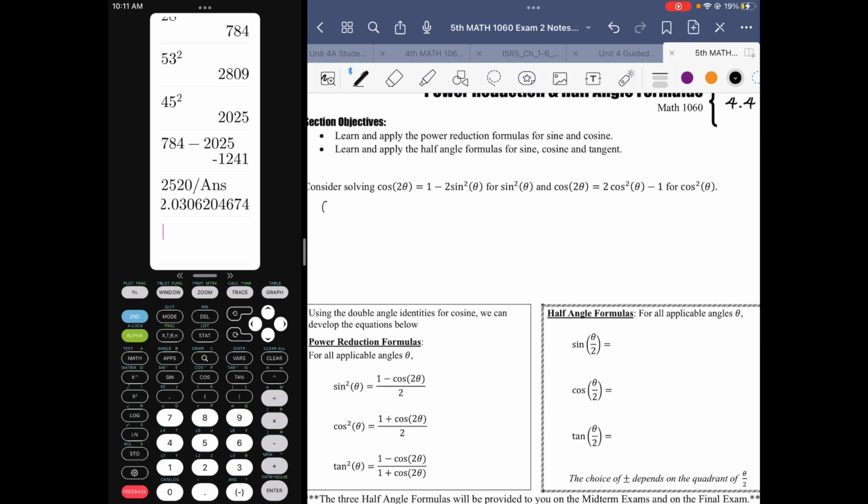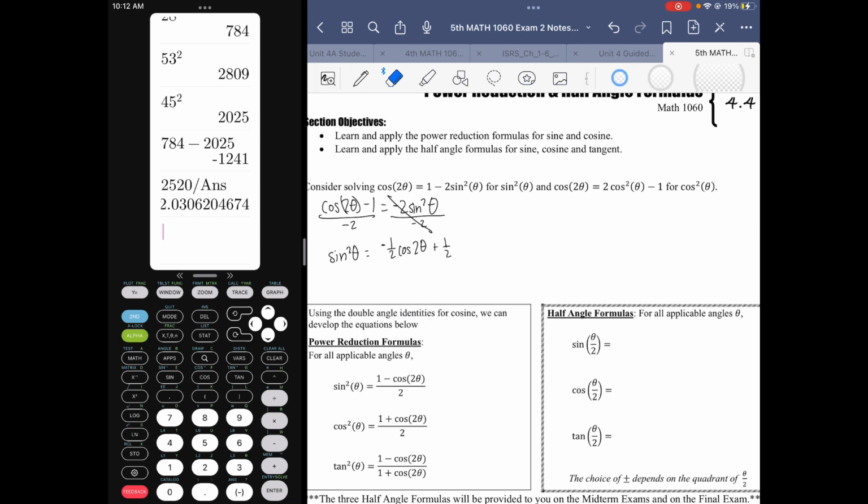So once you've done that, you get that the cosine of 2 theta minus 1 is equivalent to the negative 2 sine squared of theta. And then, of course, you would have to divide by negative 2. And you get that the sine squared of theta equals negative 1/2 cosine of 2 theta plus 1/2.